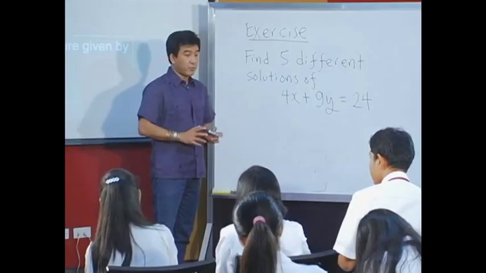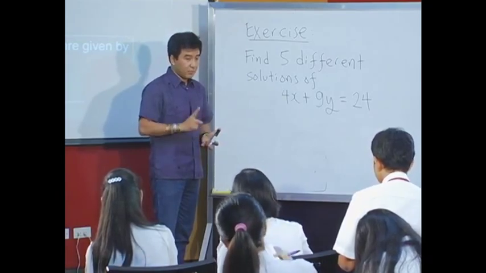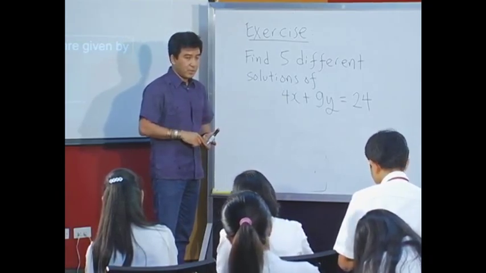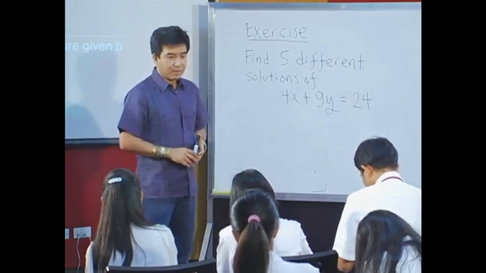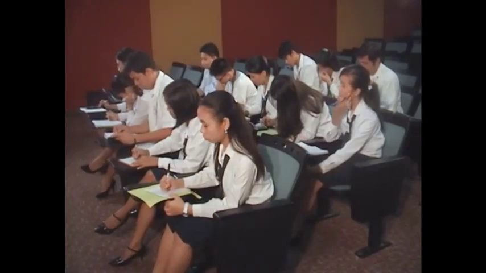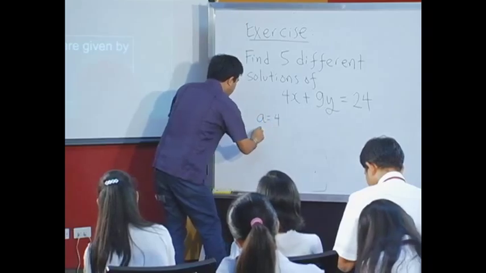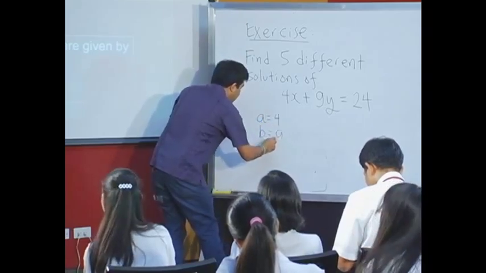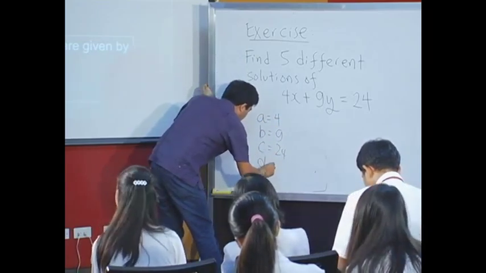So remember that the first thing we have to do is to find one solution. If we get one solution, then we have infinitely many solutions. But first, let us identify the coefficients here. Our A is 4, our B is 9, our C is 24, and our D is 1.